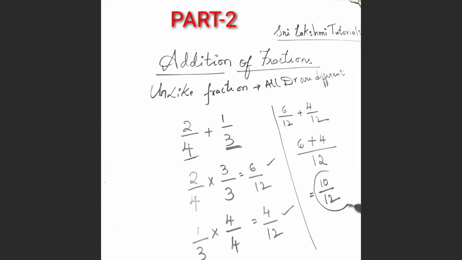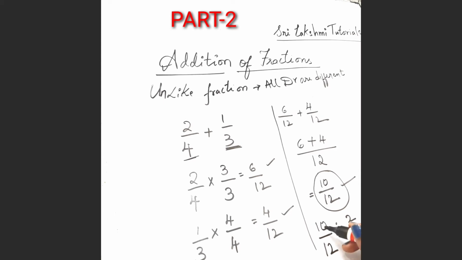Further, this can be simplified, children. Yes, it can be simplified to the lowest terms. How is it simplified? Now 10 by 12. Divide this numerator and denominator with the same number in which 10 and 12 are divisible. Okay, now I am taking 2 table and denominator also I am dividing with 2.